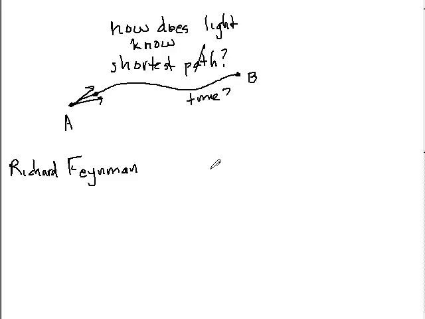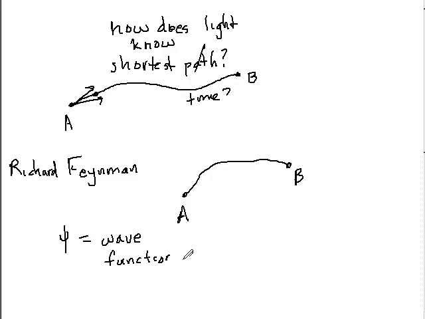In other words, if you look at a path here, and light, after all, is now not just a photon, it's a wave function, which is a solution of something called Schrödinger's equation, but it has an amplitude and a phase. So light particles now have amplitude and phase.